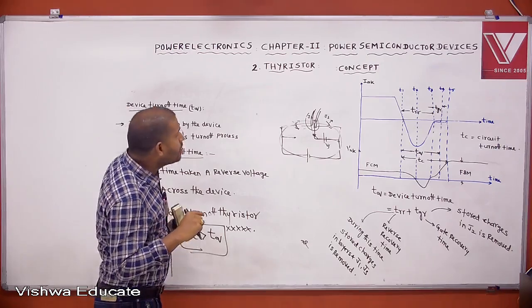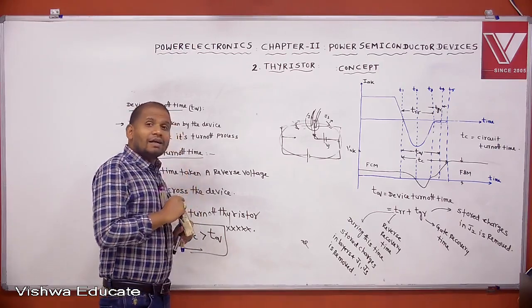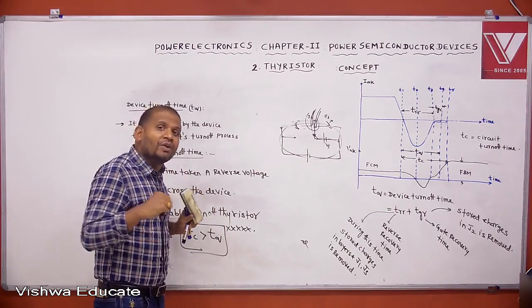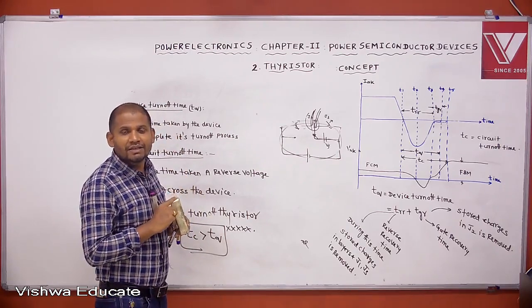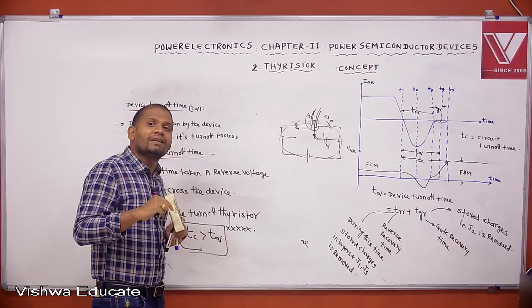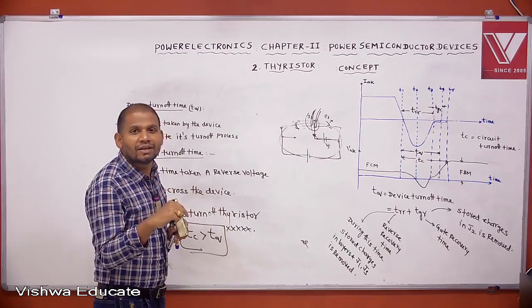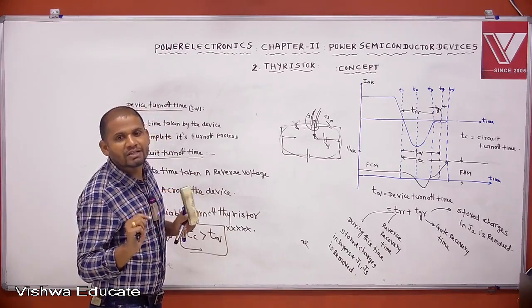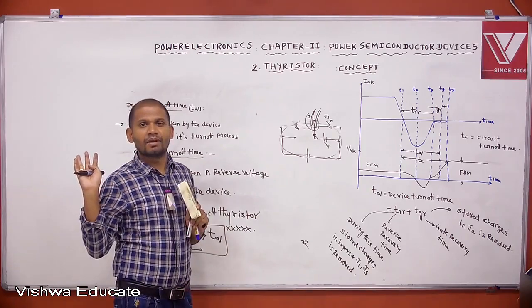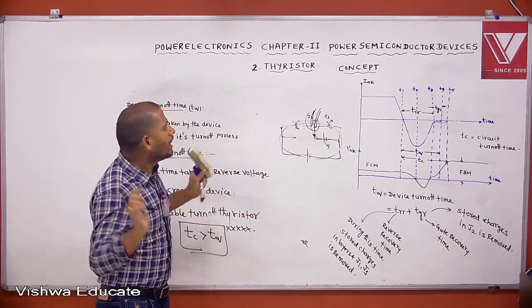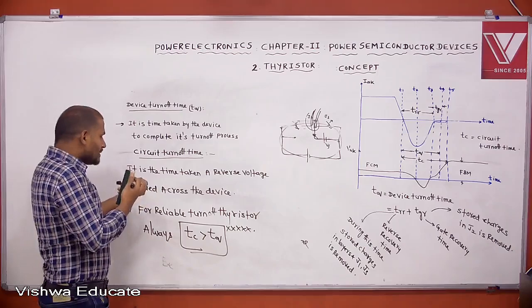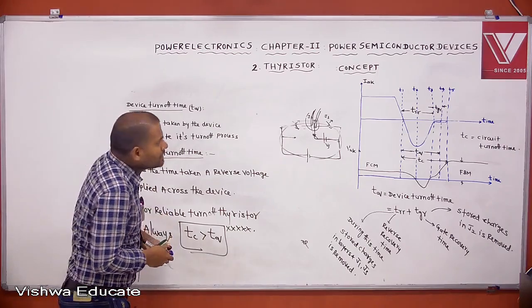Now we will see what a converter grade thyristor is and where we can use it, and what an inverter grade thyristor is and where we can use it. I will explain that clearly. Understood? Okay. This is the concept of turn off characteristics that I explained.